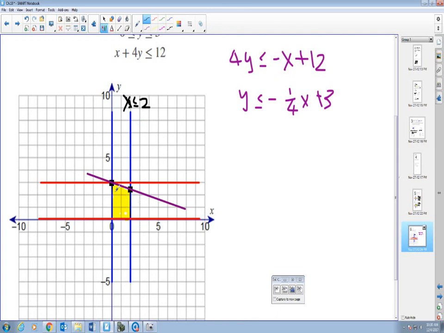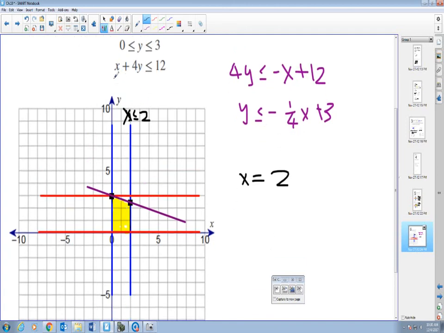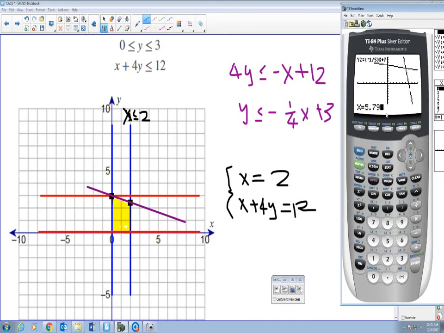So how are you going to see what the point of intersection is? It's real simple. You can say x is equal to 2, and line it up with the purple line, x plus 4y is equal to 12, and solve for x and y using the system of linear equations.